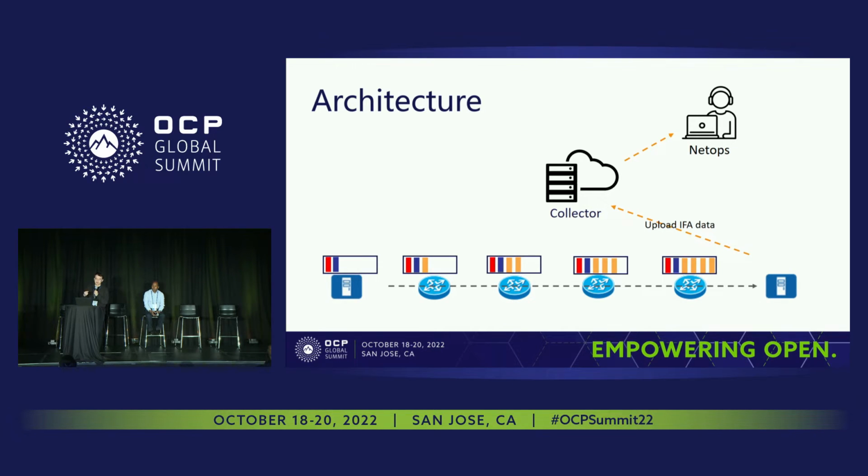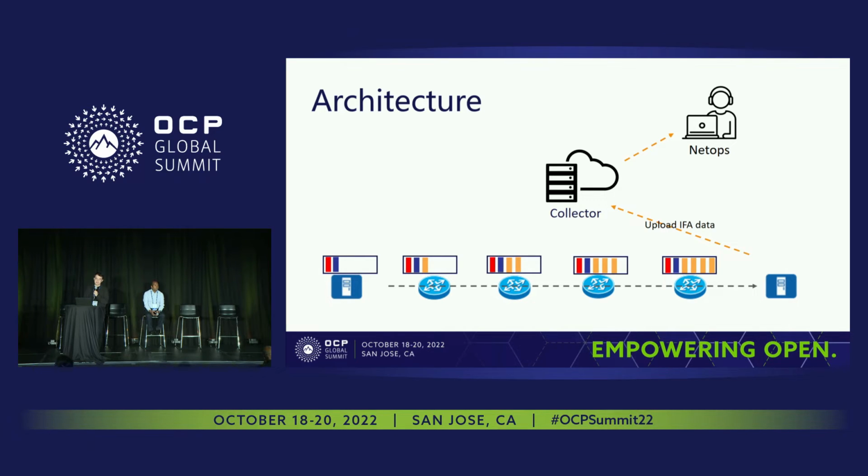But if you pay close attention, the right block you can think of as the original data, like the payload and IP information. The blue block is the IFA header, and the yellow block is the IFA metadata. It contains information like inbound and outbound interface, timestamp, and queue length.